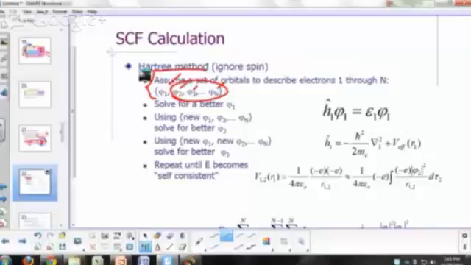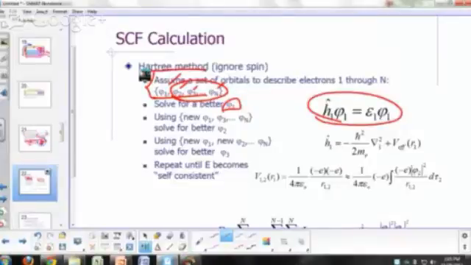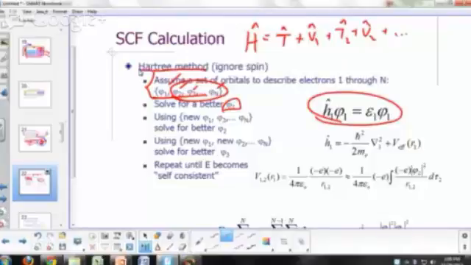So if you assume all of these, then you can solve for a better phi 1 by solving this one electron Schrodinger equation. Remember your Hamiltonian is T1 plus V1, plus T2 plus V2, and so on, plus your sum of Vij, your electron repulsion term, which you're ignoring.